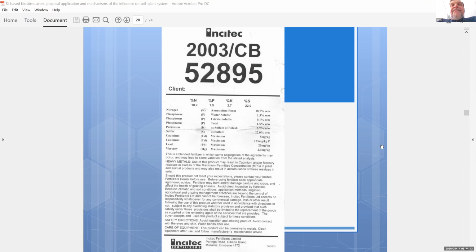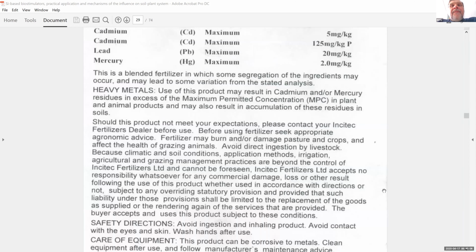And this is an example of the label of a standard combined NPK fertilizer from Australia. It is a fertilizer that has nitrogen, phosphorus, potassium, but if we look closer, next please. We can see that the same fertilizer has a lot of heavy metals like cadmium, lead, and mercury.